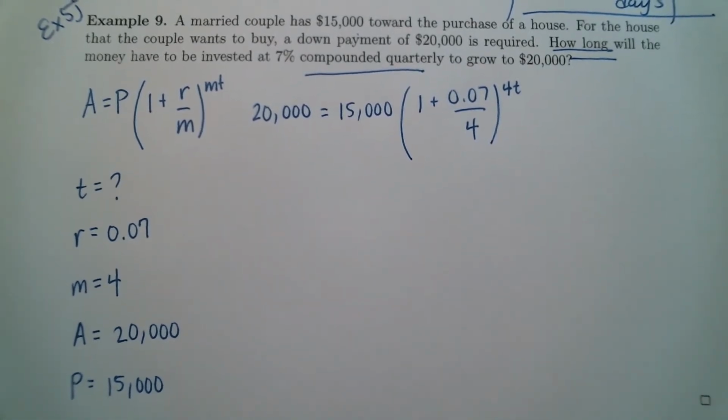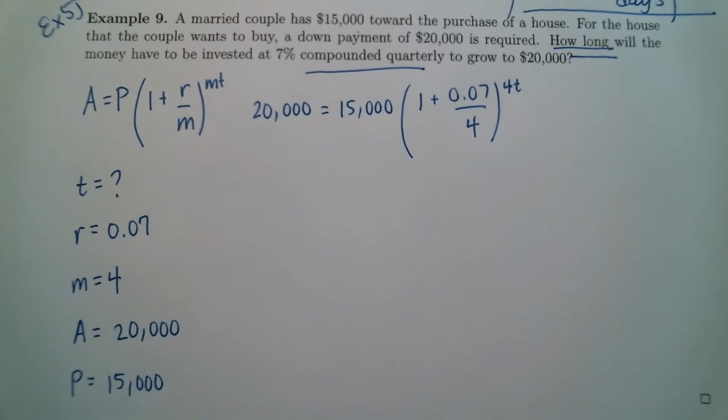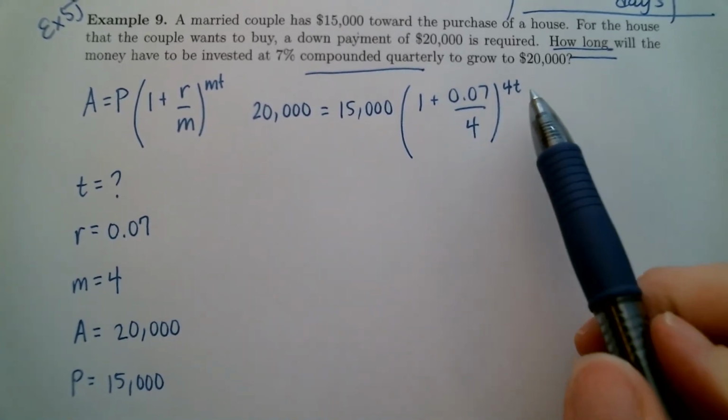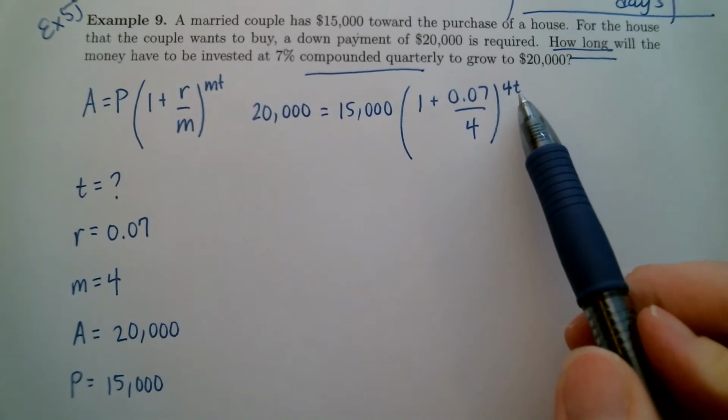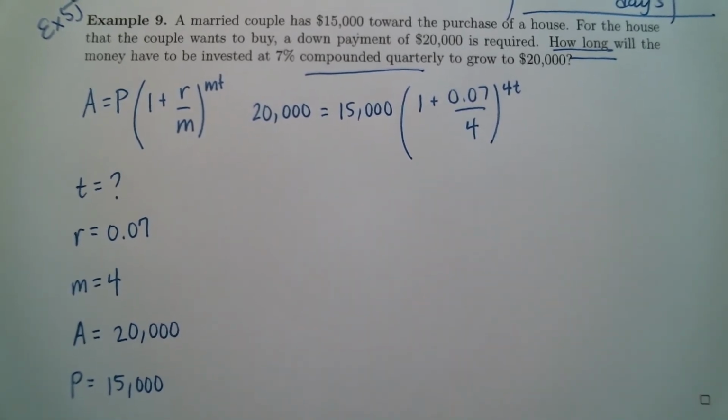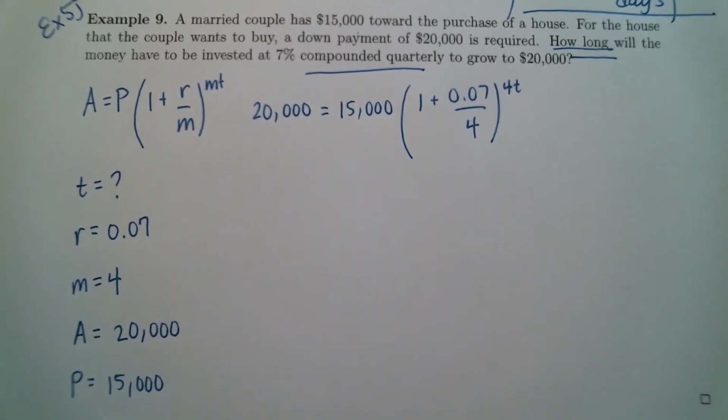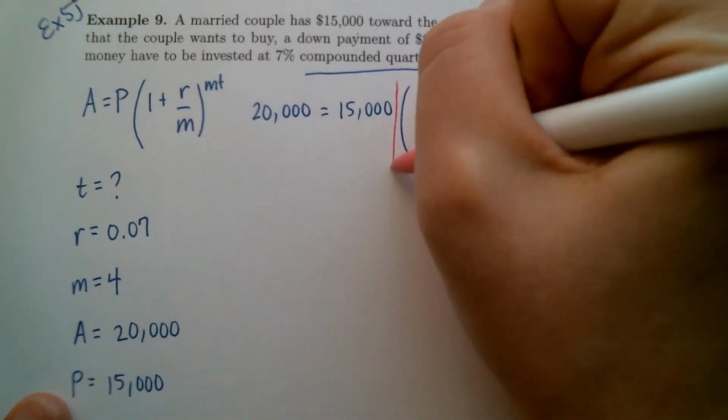Okay, again, you have an exponential equation. You're solving for time. Time is trapped in the power or the exponent. Okay, so we're going to follow the same steps that we followed in example 8. Okay, first thing you're going to want to do is isolate the thing that contains the t, okay, which is this.